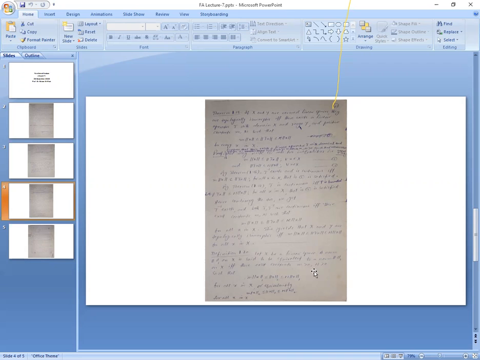In both cases, these two norms will be equivalent.